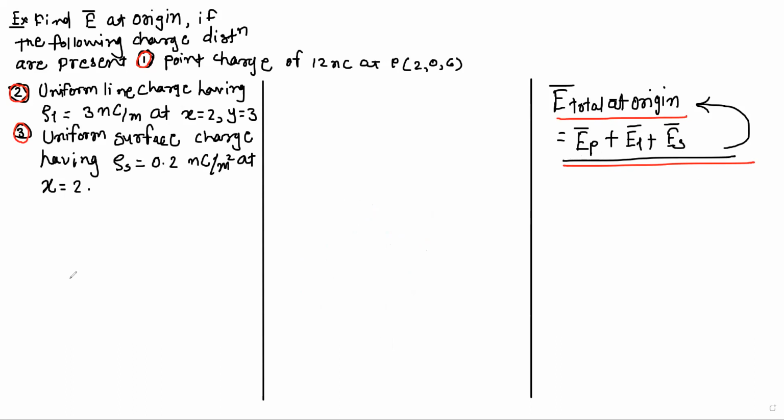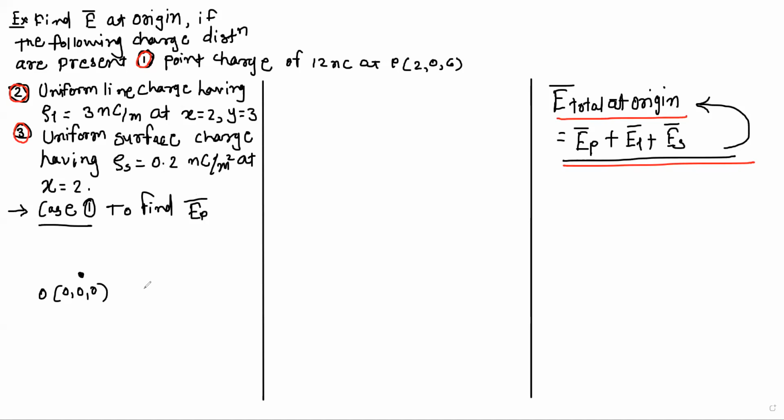So first case, here I will write case 1. What is case 1? To find EP bar, we are trying to find the electric field intensity at this origin. So let's say this is origin 0, 0, 0.